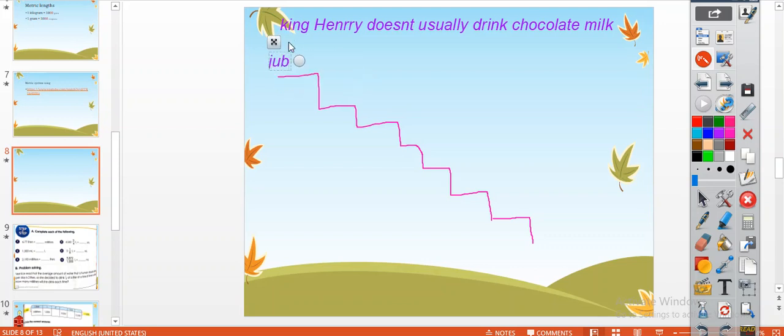So here we go. This is king, which is kilo. Then hecto for Henry. Then deca, which is doesn't. Then usually, which is the unit. Yes, I'm going to change the color. Unit.